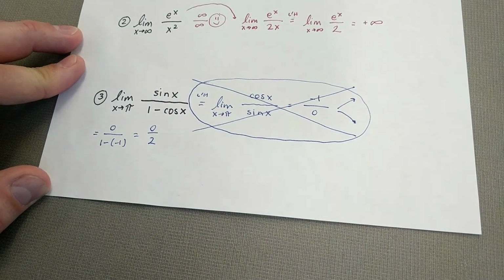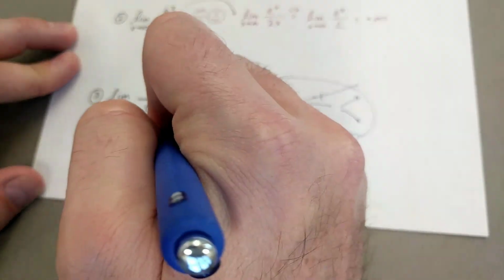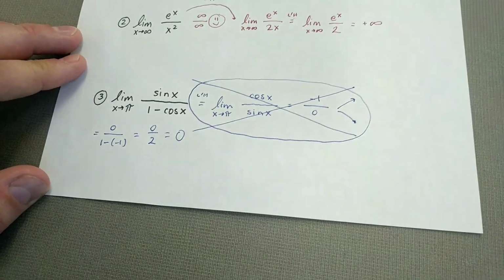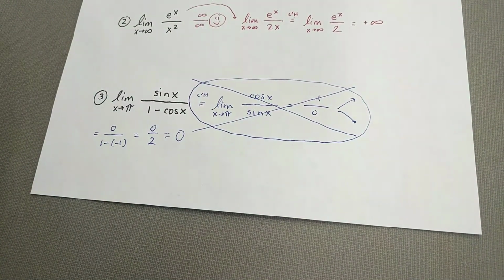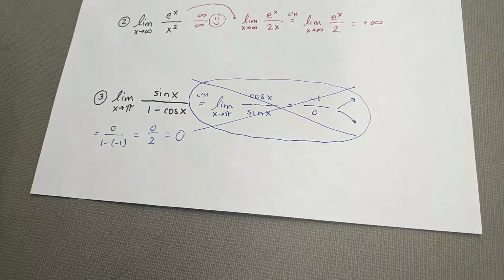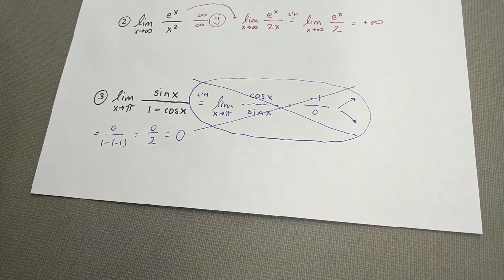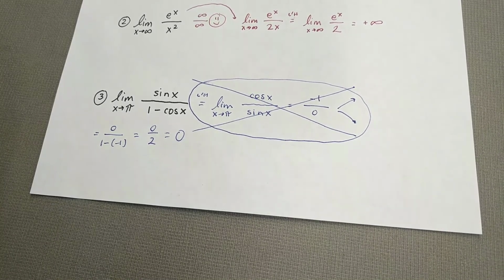That is not indeterminate. That is not 0 over 0 or infinity over infinity. It's just 0. So this limit can be evaluated just by simply plugging in. So don't get into the assumption that every single limit from now on needs to have L'Hopital's rule applied to it. Simply not the case.